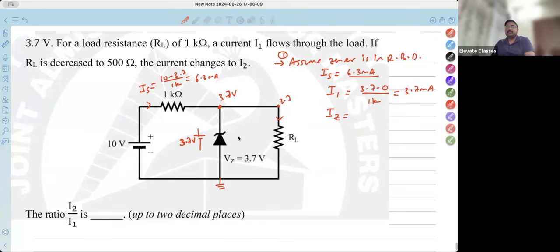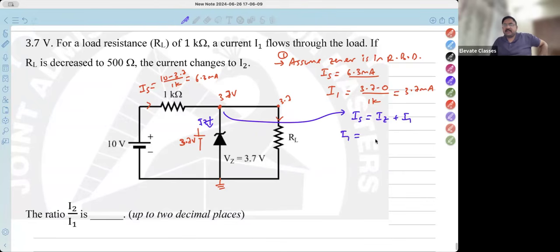What will be the Zener current? See, if you apply KCL over here, what will you get? IS is equal to... Where is this IS flowing? IS is coming from here, IZ is going down, and IL is going here, so IS is equal to IZ plus I1. So what will IZ be?